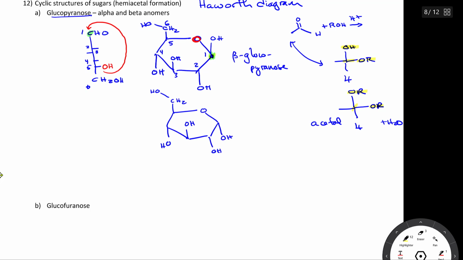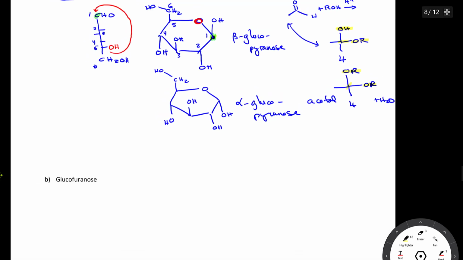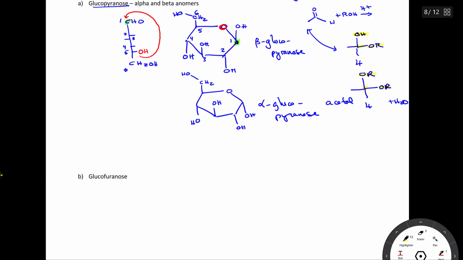And this is alpha glucopyranose for D-glucose. The thing I want you to notice is that you're going to have to be able to draw these on a test or recognize them on a test, and how you go from the open chain form to this closed chain cyclic structure, the glucopyranose.